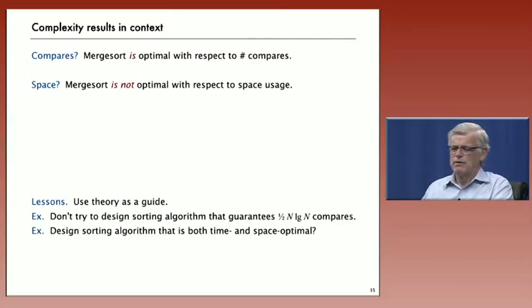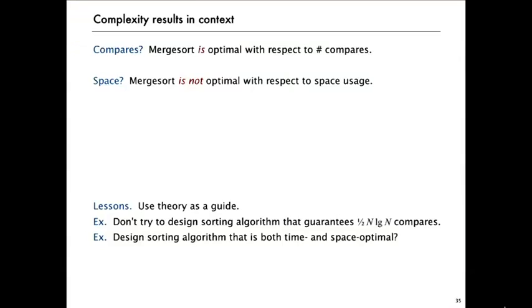So what we want to take from these theoretical results is a guide when we're looking at implementations and trying to solve practical problems. In this example, what the theory tells us is, don't try to design a sorting algorithm that guarantees to use substantially fewer compares than merge sort. Say half n log n compares.